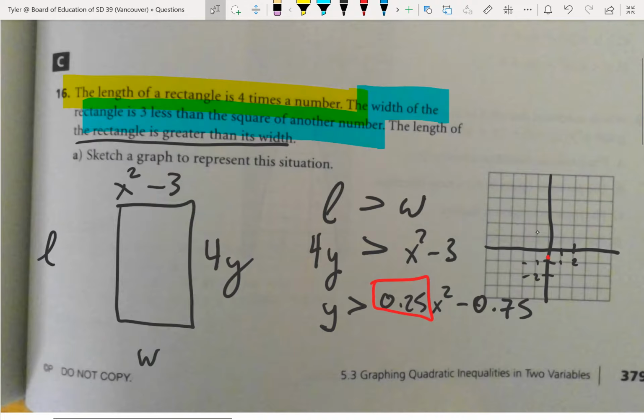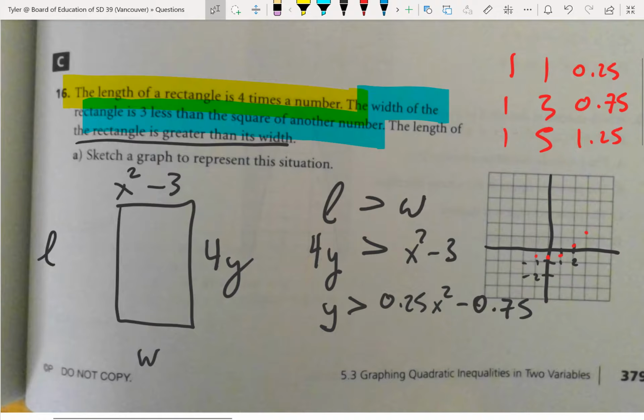It's going to be hard to see on the scale. So it goes over 1, up 0.25, which brings me to negative a half, then over 1, up 0.75, which brings me to 0.25, and then over 1, up 1.25, which brings me to 1.5 there.